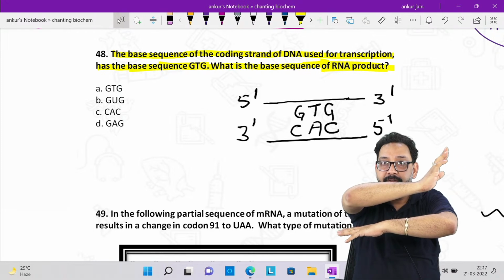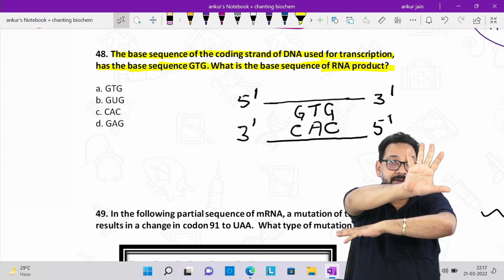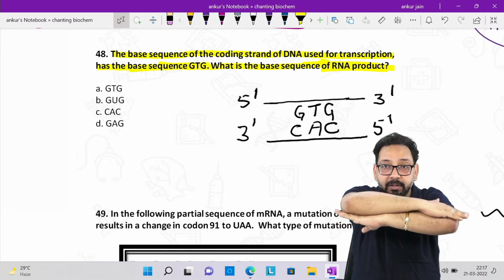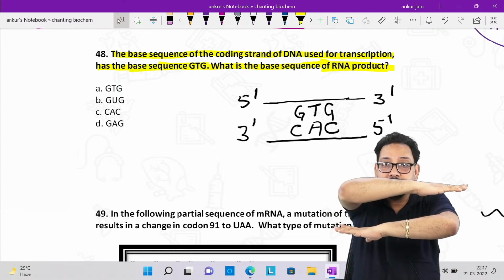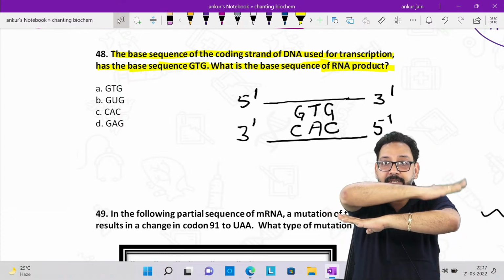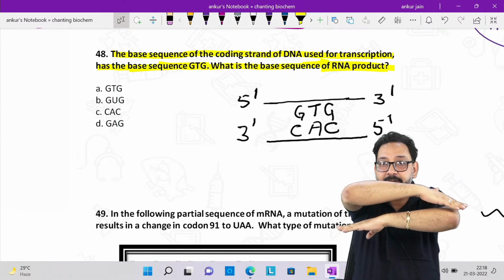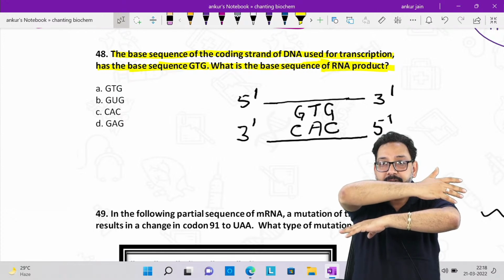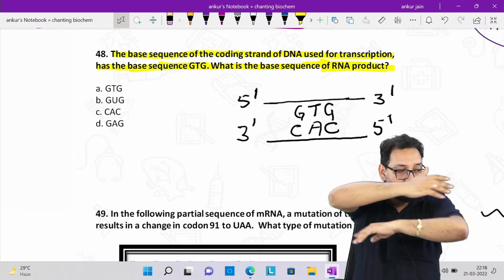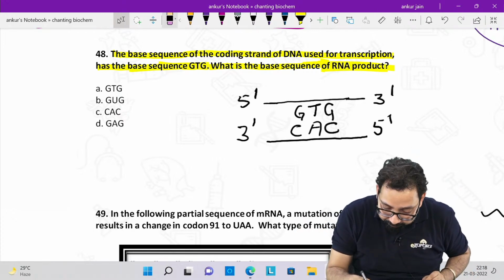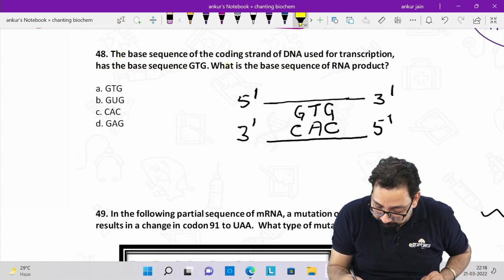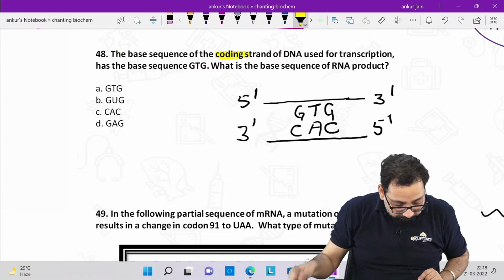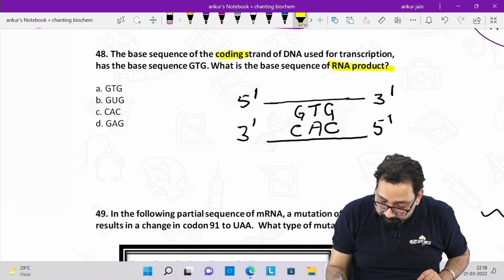Two strands have 5 end and 3 end, so two strands are anti-parallel, means 5 end is against 3 end, 3 against 5 end. Of the two strands, one is called coding strand, other is called template strand. In this question they have given coding strand. They want to ask what is the RNA.